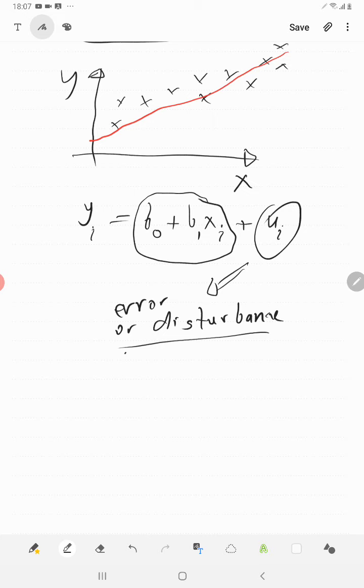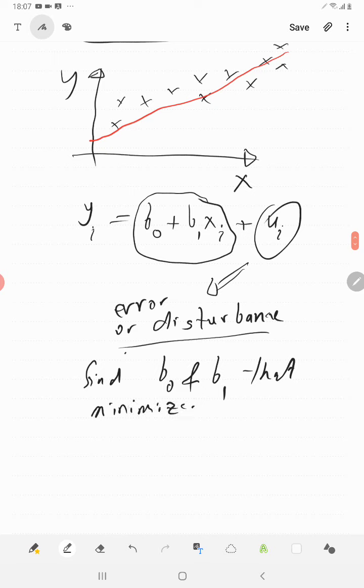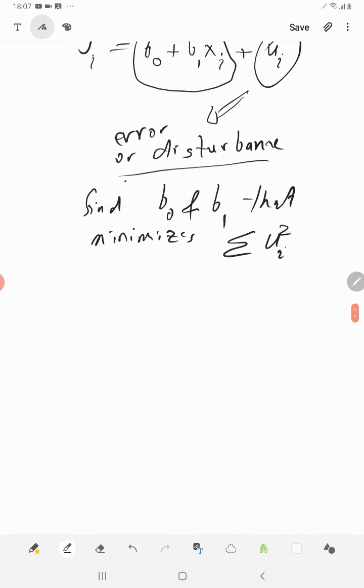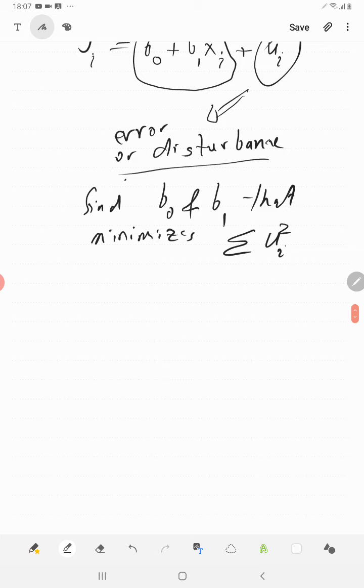So we want to find b0 and b1 that minimize the sum of ui squared.